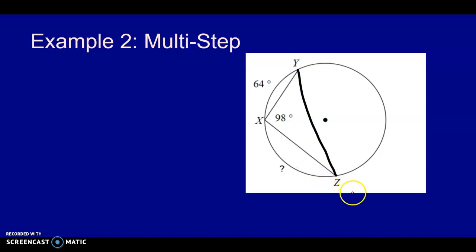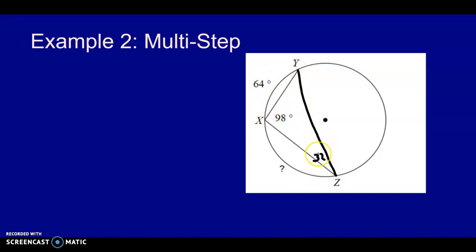and made a triangle. Well, if I did that, this is going to end up being a 32-degree angle. Where I got that from is angle Z, chord ZY and chord ZX cut this 64-degree arc. And an inscribed angle is half the arc it creates.